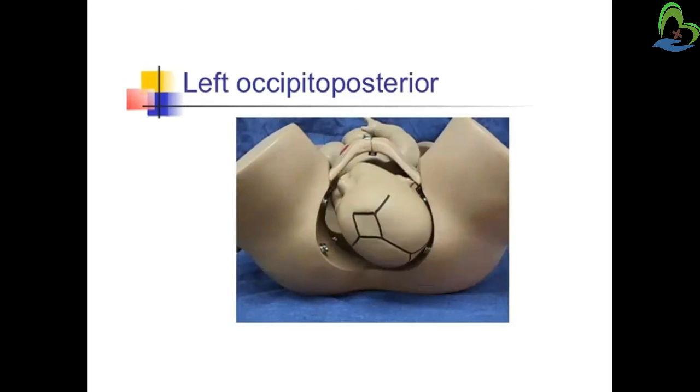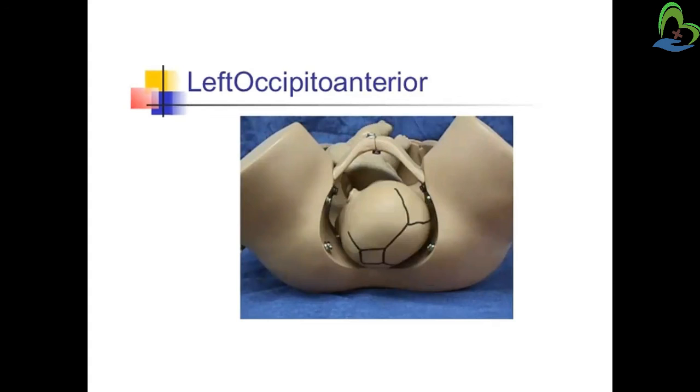The same way, the occiput lies on the left side of mother as well as on the posterior side. That's why it is the left occipito-posterior. The same way, occiput lies on the anterior side as well as on the left side of mother.